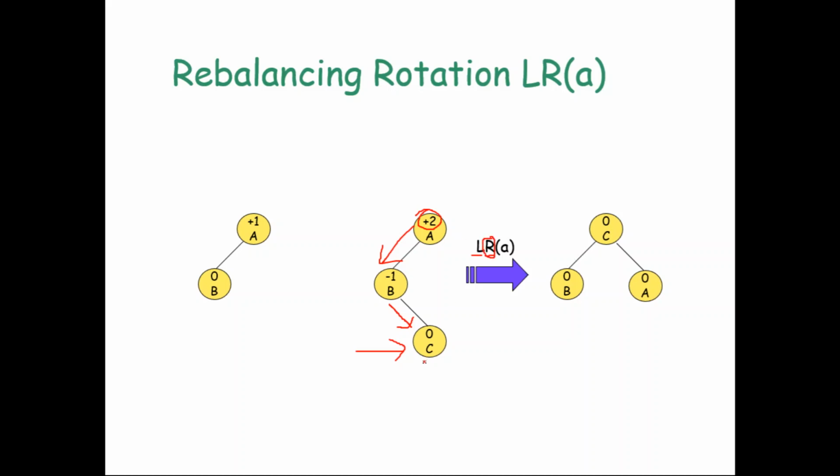From the node which you have inserted, in that direction, it is in the right subtree of some node, which is the left subtree of the node on which the imbalance was created. So it is an LR imbalance.